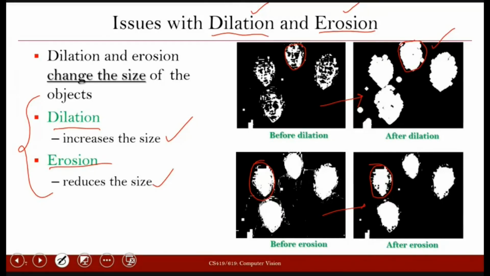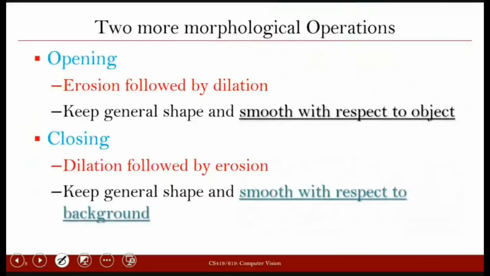Okay, so to overcome these problems, we have the processes of opening and closing. These operations are also in some sense performing dilation and erosion, but they are able to maintain the original size to quite an extent. So how can this be done?